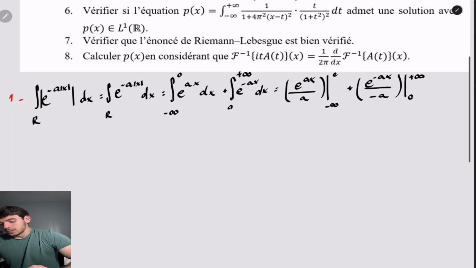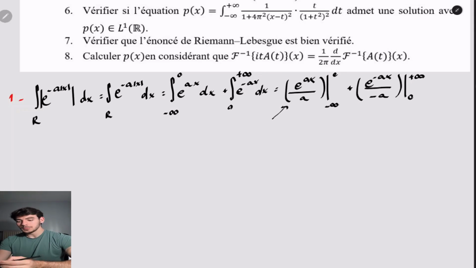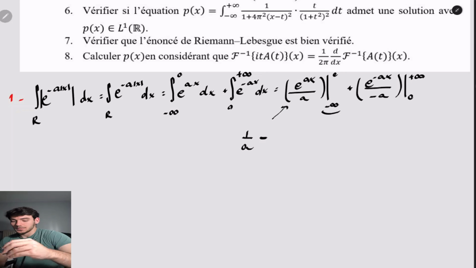All right. So substituting the values here, we'll have exponential of 0 divided by a, that's 1 divided by a. And now we have minus, and now we are going to substitute minus infinite. If we have an exponential of something that goes to minus infinite, it decreases to 0.